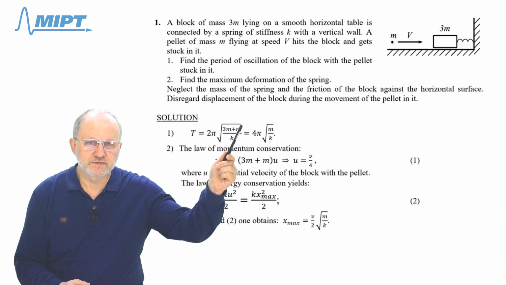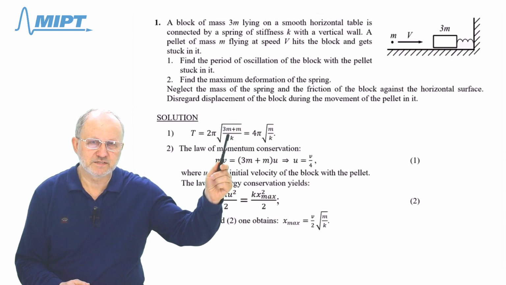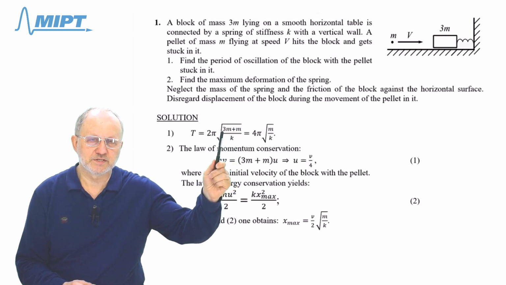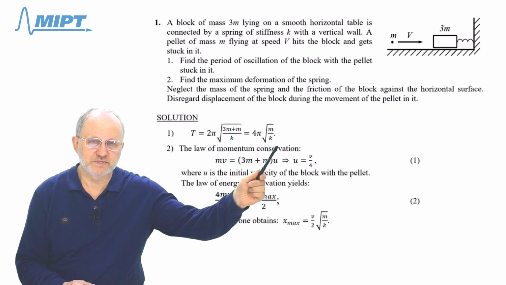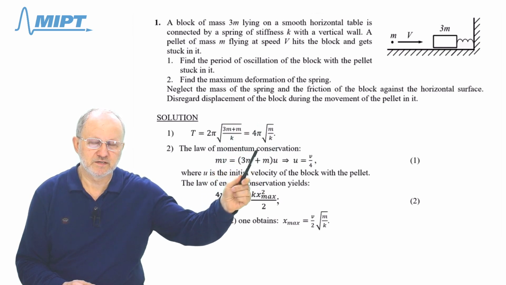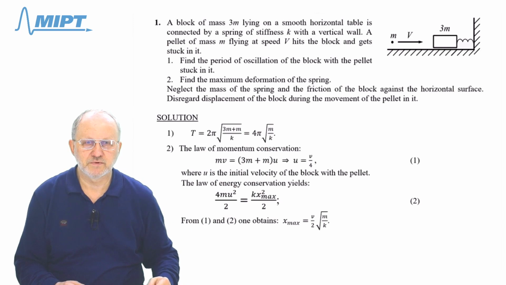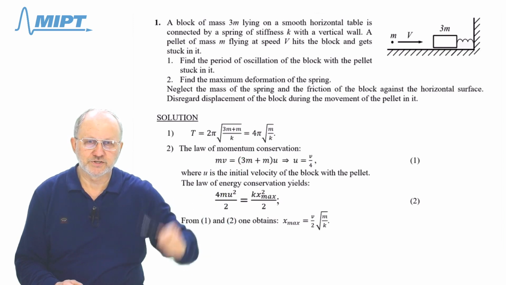Here we must use the mass of the body that is oscillating on the spring, and the total mass is 3m, which is the mass of the block, plus small m, which is the mass of the pellet stuck inside the block. So the total mass is 4m, and the calculation is very simple, and here we get the answer for the period of oscillations. So the first question has its logical answer.